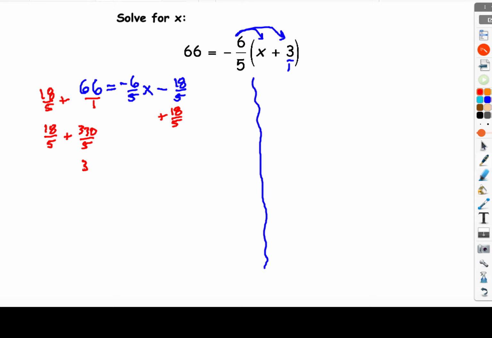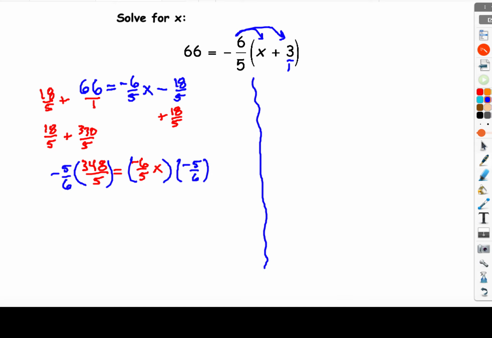So again, you notice that's getting a little messy. 348 over 5. Still not going to divide well, but negative 6/5 x here. And then finally, we could multiply both sides. If I'm multiplying by negative 6/5, I can multiply by its reciprocal, negative 5/6. The 5's will cancel, the 6's will cancel, those negatives will cancel.